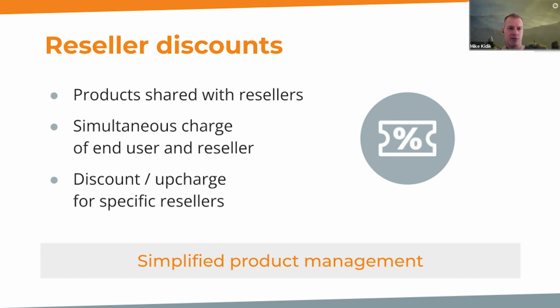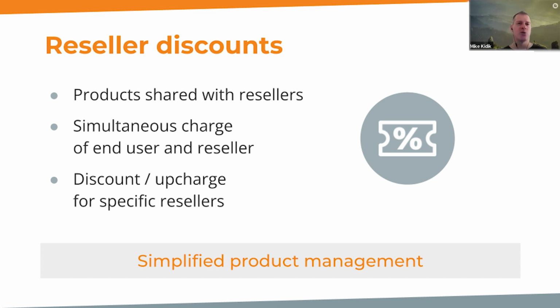And with our previous reseller model, you could only get revenue from per minute charges toward the reseller. But obviously the market has changed over the last 20 years, if not more. And resellers these days create packages and bundles and charge a subscription fee for those bundles.